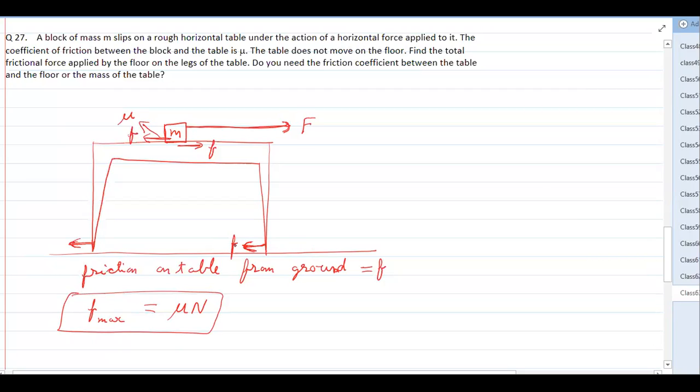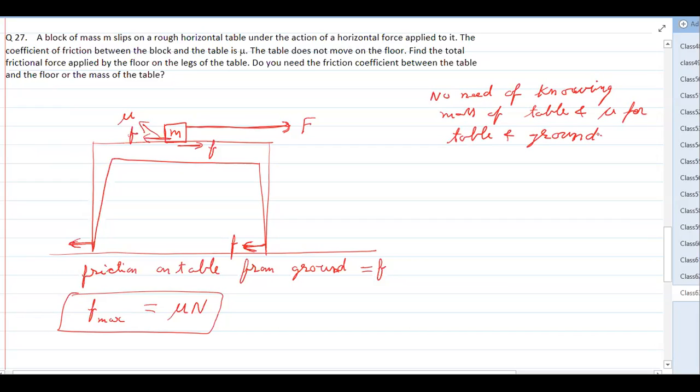So why do we not need it? No need of knowing the mass of the table and mu for table and ground. Why do we not need it? Because the table is stationary.